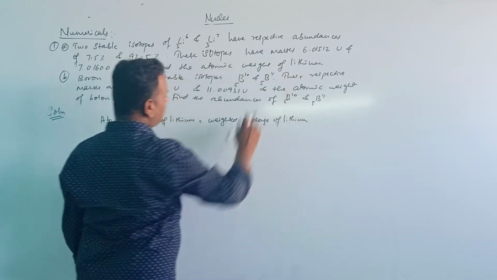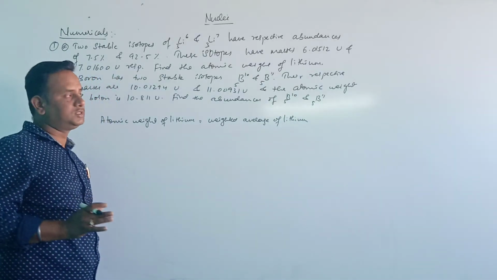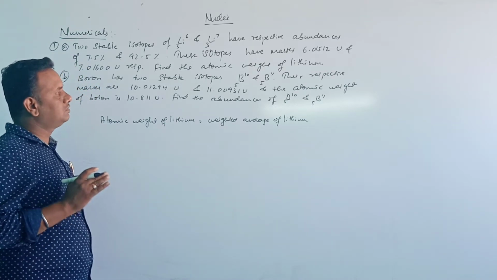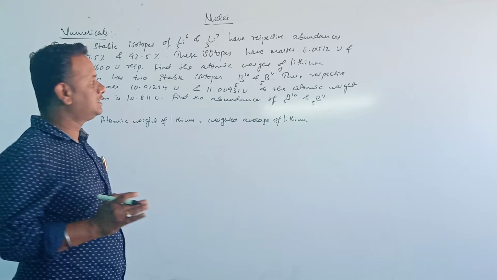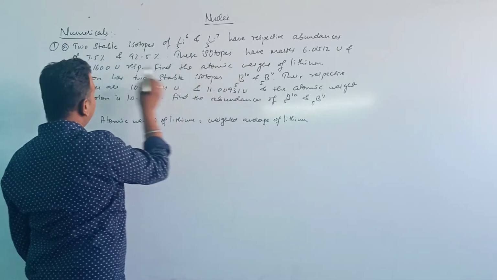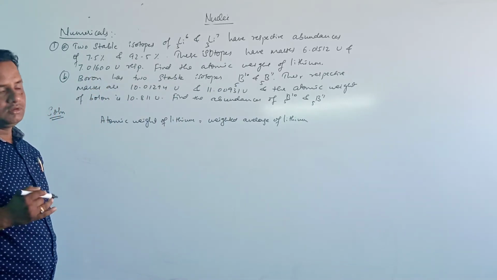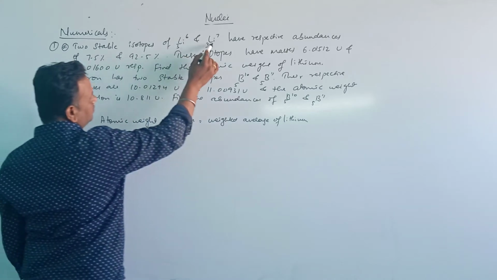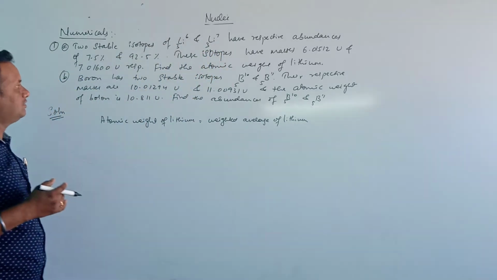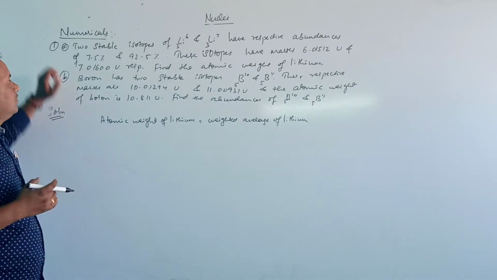Now he has given the masses of both the isotopes: 6.01512 atomic mass unit is the mass of lithium-6, and 7.01600 is the mass of lithium-7. These are the two isotopes.